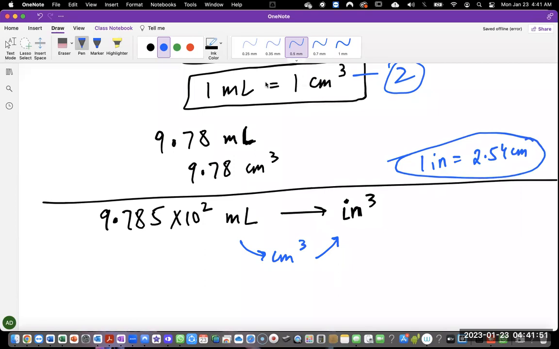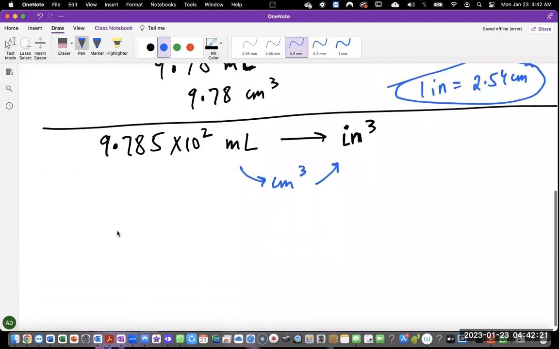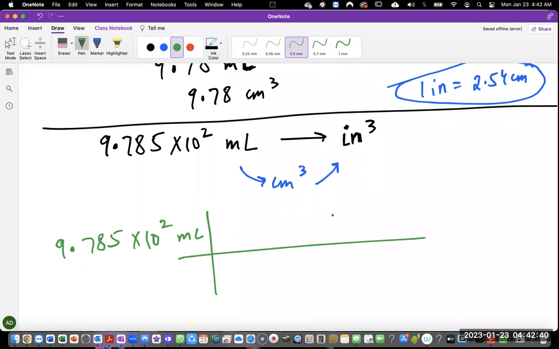Okay, so let's start this problem here. We'll be copy pasting what we have: 9.785 times 10 to the power 2 mLs. Guys, this is one of those problems where we will do the conversion, but we will need multiple steps.